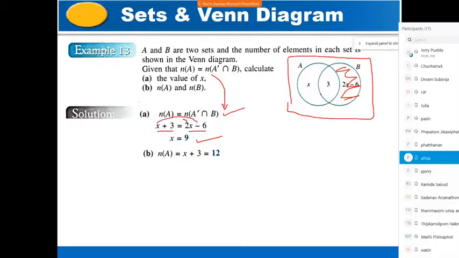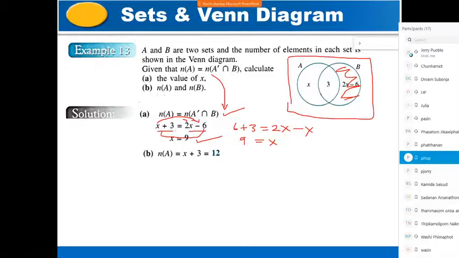By moving x here, and 6 here, you have 6 plus 3 equals 2x minus x, and then 9 equals x. Okay, x equals 9.